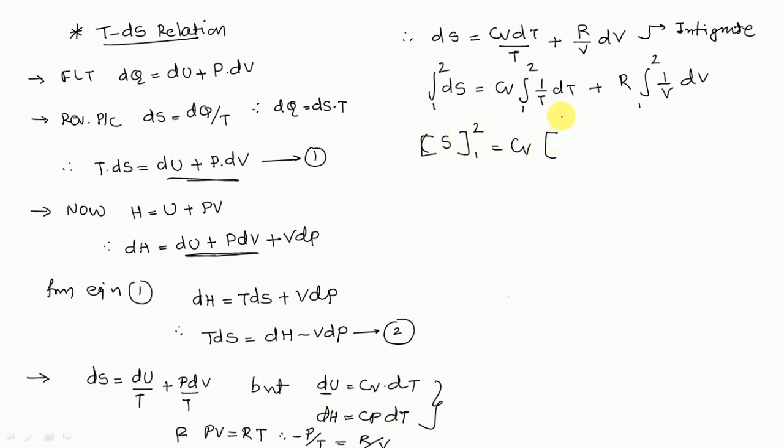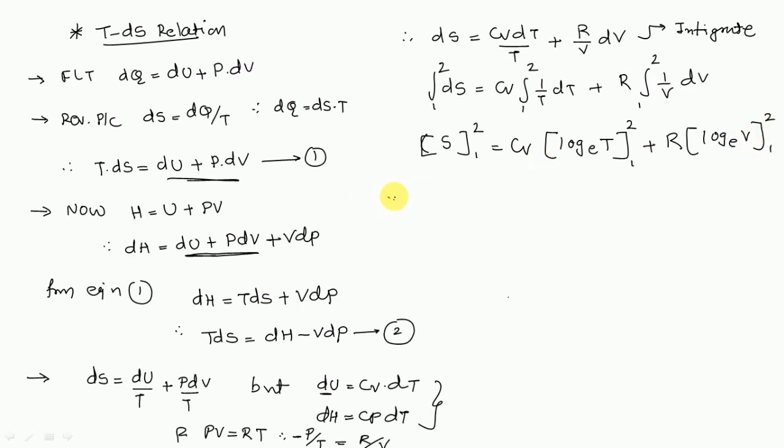Here we know the integration of 1 upon T is ln, or log base e T, and limit is 1 to 2, plus R into log base e V. Integration of 1 upon V is ln V, and the limit is 1 to 2.